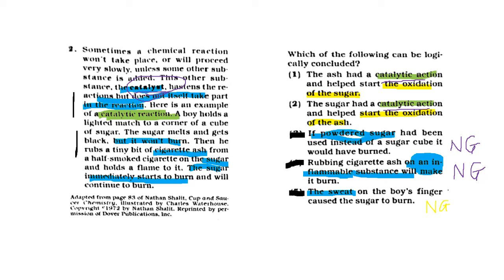Oxidation means burn. So let's think, what is burning? Well, it says the sugar immediately starts to burn. The sugar burns, so the answer is going to be number 1. The ash is the catalyst. The ash does not change.